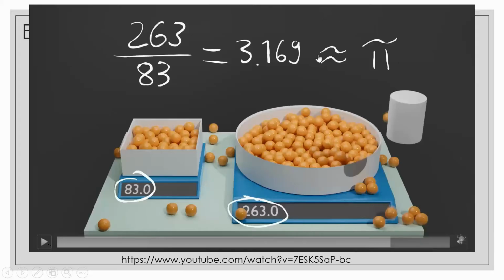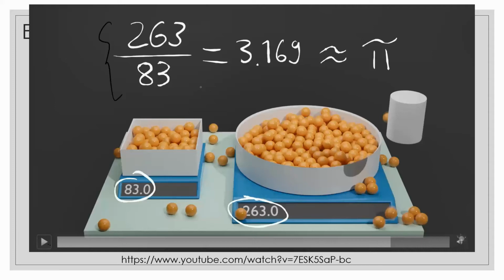So what happened over here? We did a Monte Carlo simulation by dropping the balls into these two boxes randomly, and after a long time we counted how many balls dropped in these boxes, and then we found the ratio.